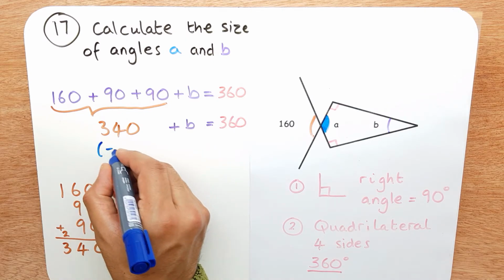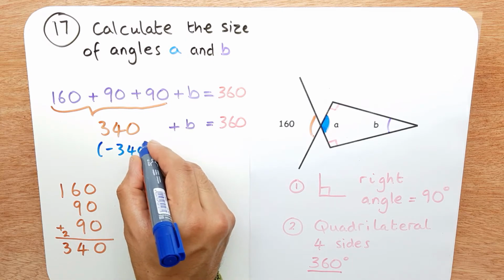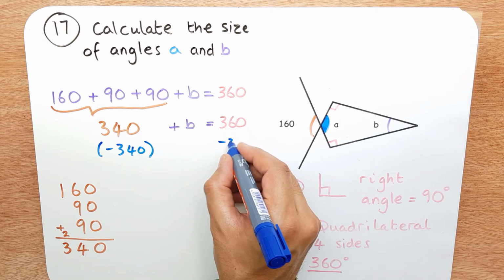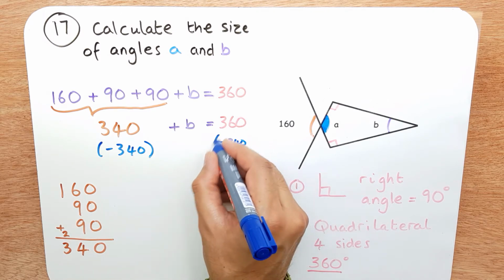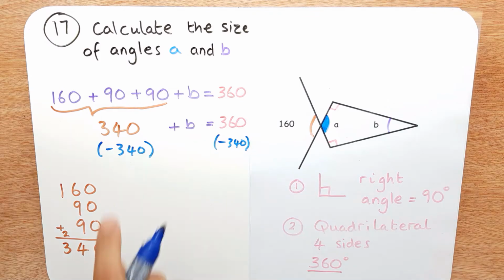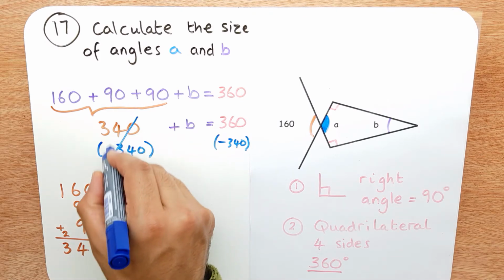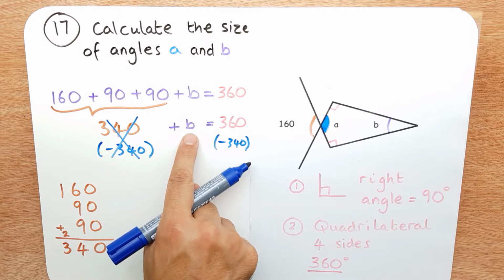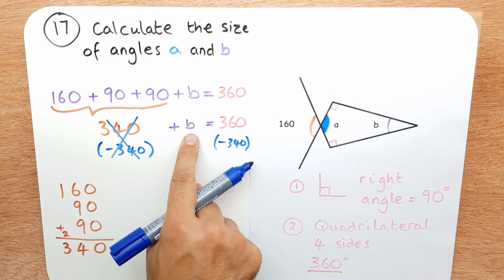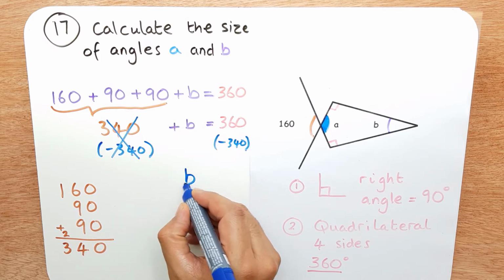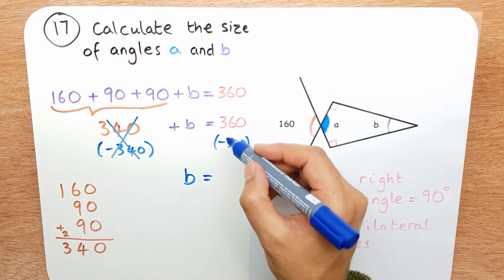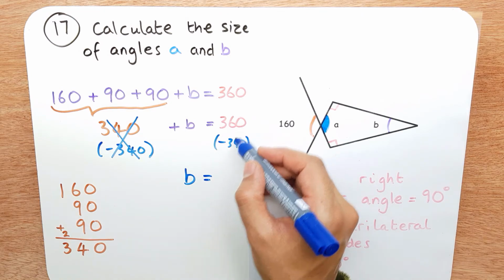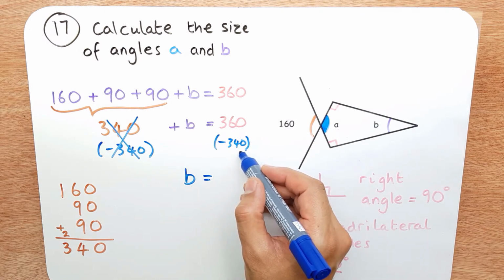So I'll do minus 340 and minus 340 from this side. Those two cancel out. I'm left with B. So we put B equals, now we need to work out 360 take away 340.